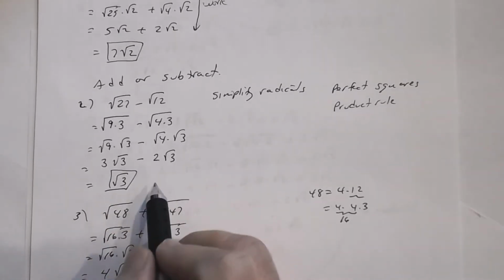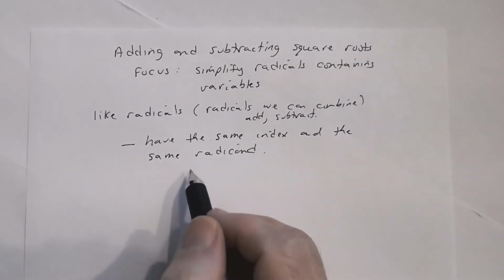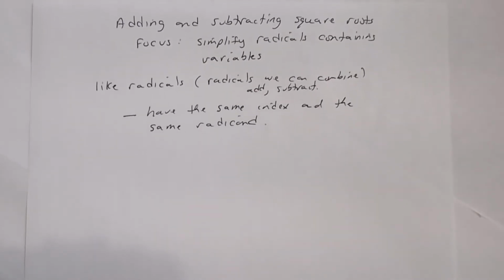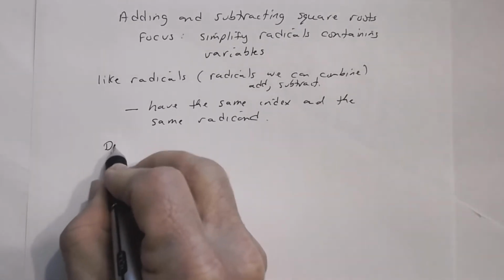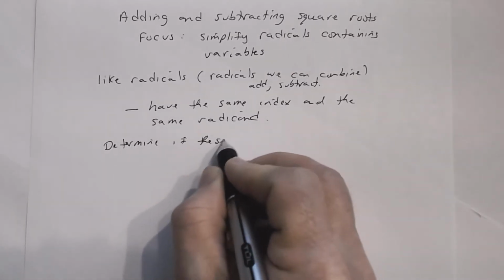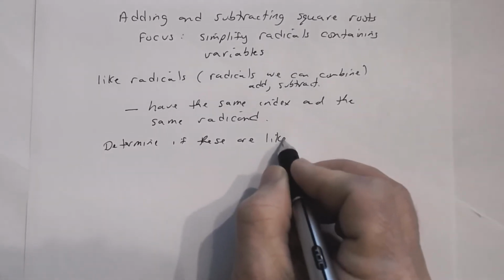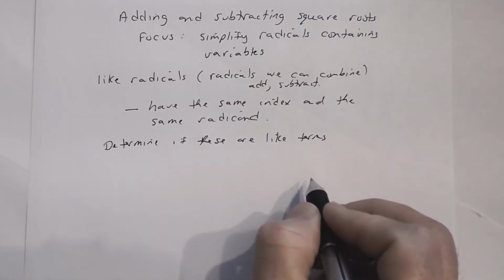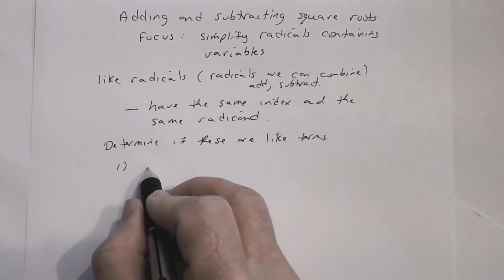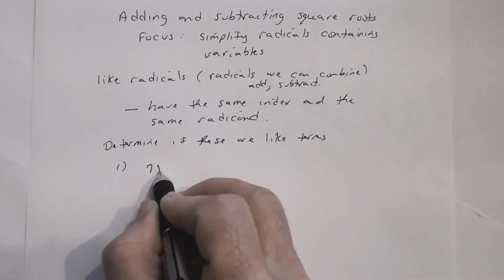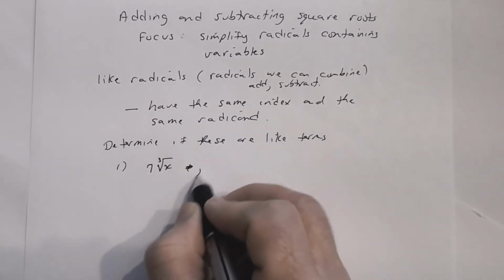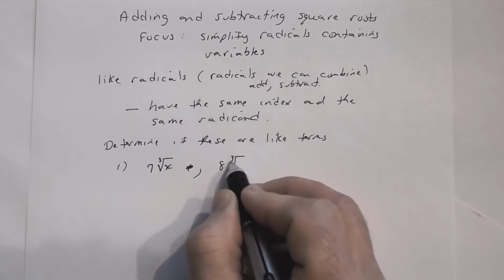I'm going to write some terms, and then we're going to discuss whether or not they are like terms. Determine if these are like radicals. Number 1, I have 7 cube root of x, comma, 8 cube root of x.